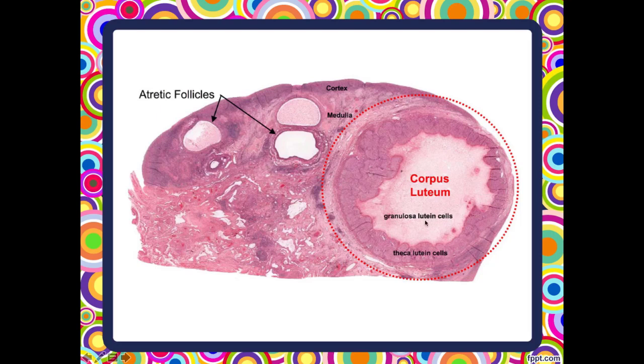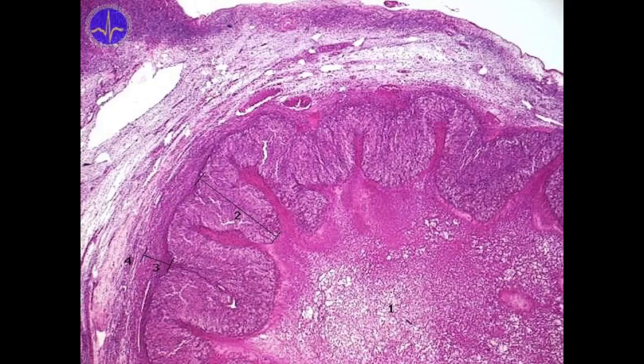Why the lutein cells? Because they are under the stimulation of luteinizing hormone, and they will produce hormones, especially progesterone, during the second part of the ovarian cycle.